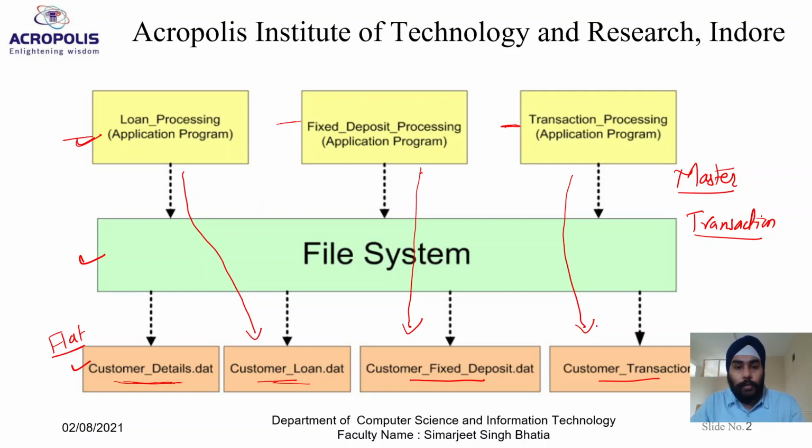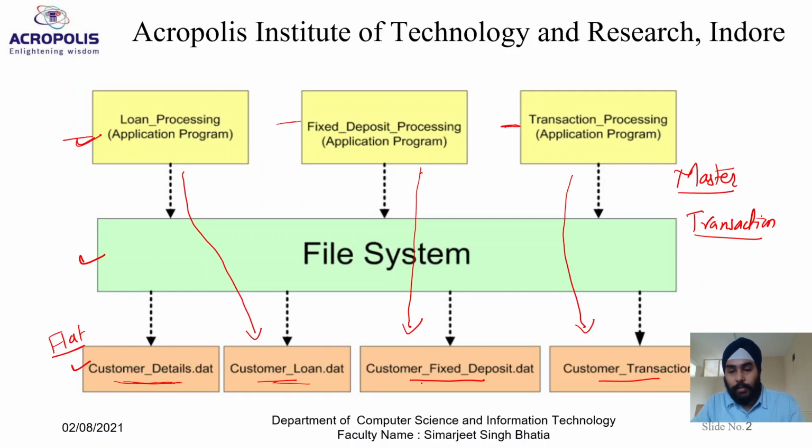In the customer underscore loan.dat file, the loan details or the loan EMIs change with respect to time. It might be possible that the customer underscore loan account has some balance in a particular month, so every month that balance decreases through debits. Therefore, every month this particular file changes by one unit. That is why the customer underscore loan.dat file comes under the transaction file. It is a type of file in which the details change frequently.